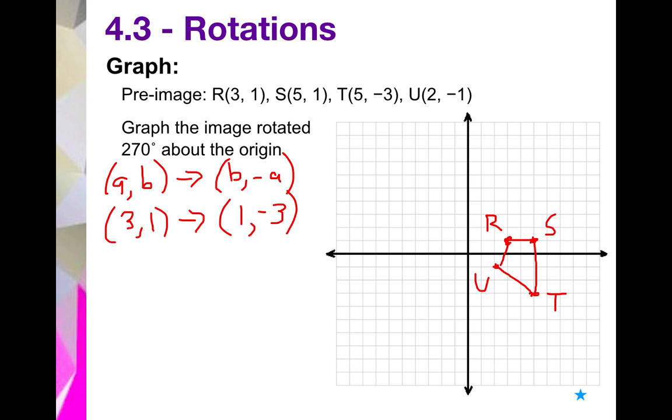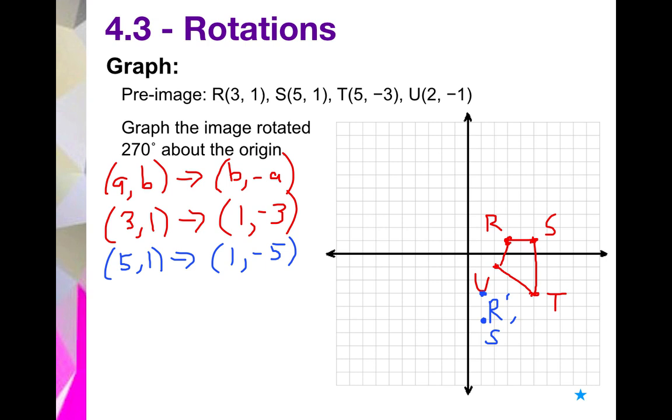So this is my R prime. Then (5, 1), I'm going to change that to (1, negative 5). So (1, negative 5), 1, 2, 3, 4, 5. Then that becomes the new S, S prime.